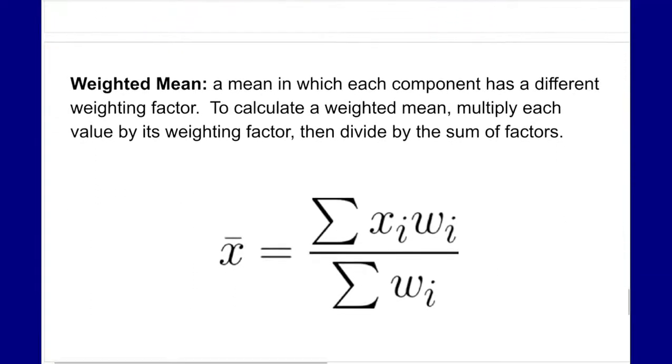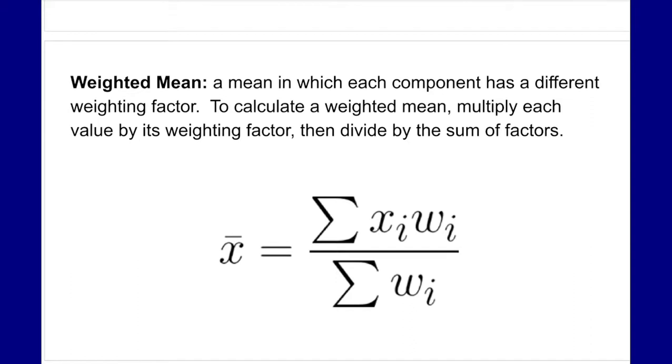The next statistical measure that we're going to look at is the weighted mean. So the weighted mean is a mean in which each component has a different weighting factor. So to calculate a weighted mean, multiply each value by its weighting factor, then divide by the sum of factors. This formula here is essentially what we just said. So we have x bar, or the mean, is equal to the sum of, which is this sigma, just a Greek letter meaning sum of, meaning we're going to add up multiple values.